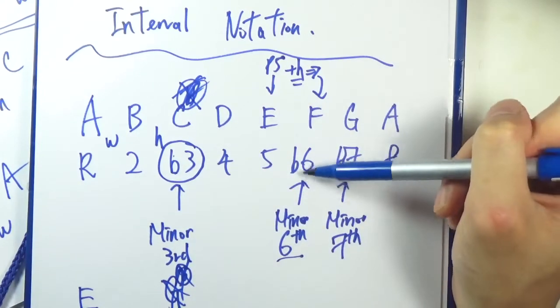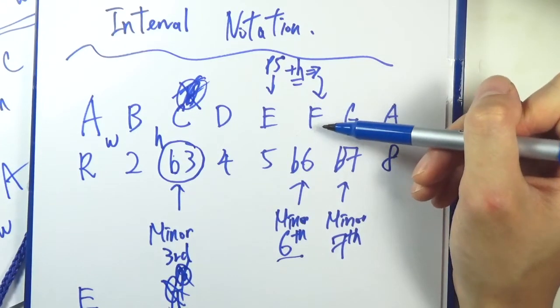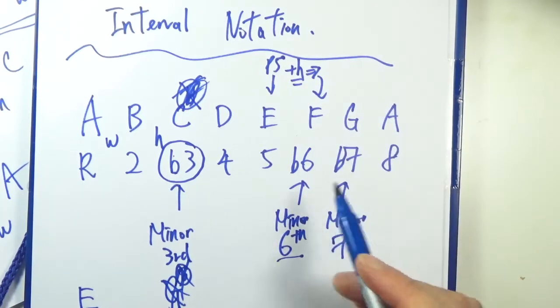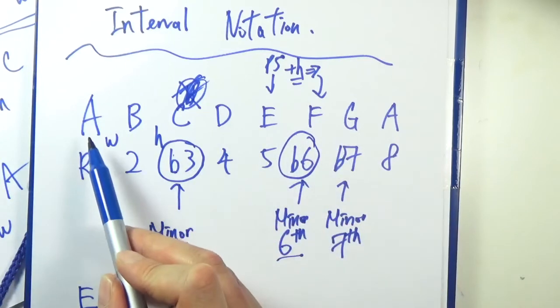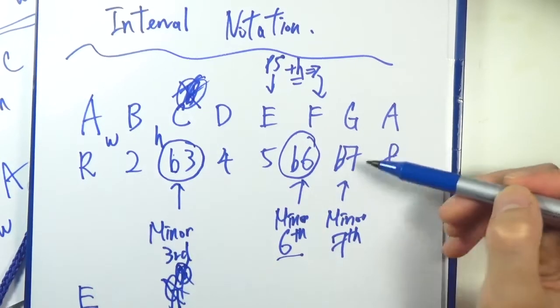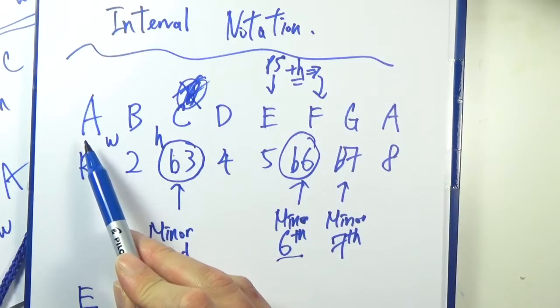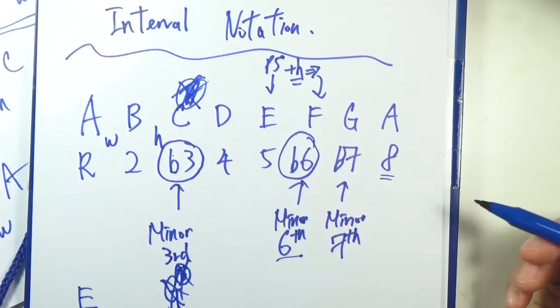A flat 6 doesn't necessarily mean that you need a flattened note. In most cases, it's not. What you're really looking for is a flat 6 degree. So F is the minor sixth of A. Same thing here, we want a flat 7, so G would be the flat 7 of A. And then you have your root again.